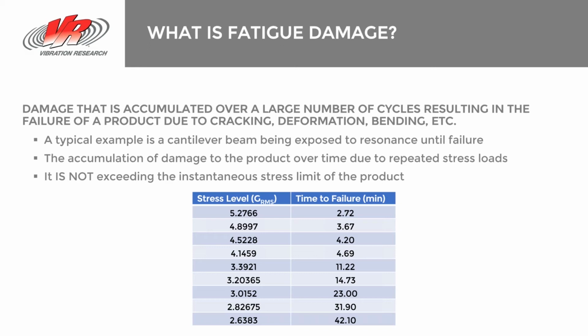If I continued to decrease the stress level, eventually I would reach a point where really my product is never going to fail. But that slope from highest stress level to lowest stress level with a failure is what I'm going to use in the FDS process.